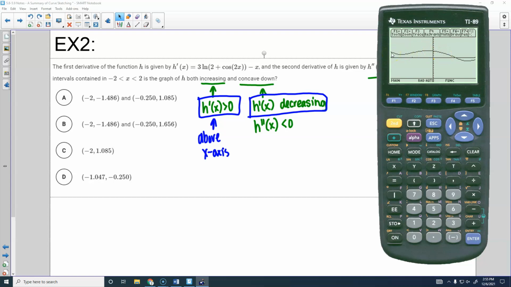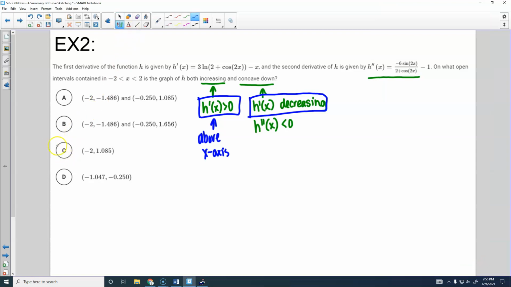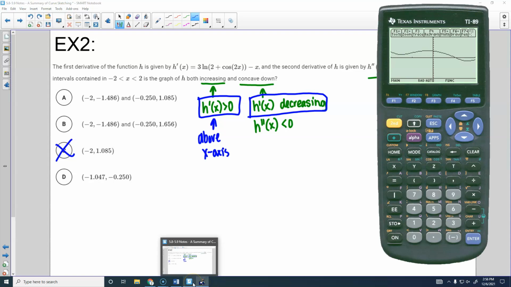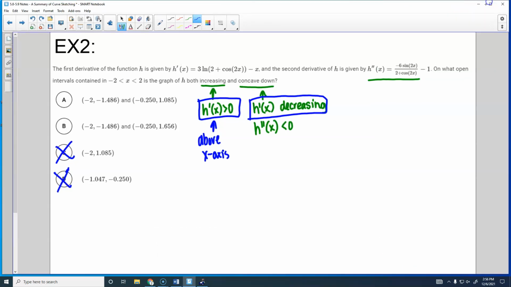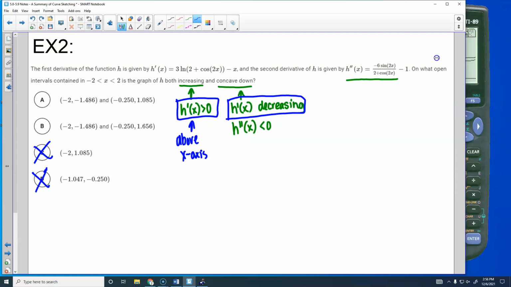So that happens right here from -2 down to this point right here. And then again, from whatever this is, down to this point right here. So we can eliminate C because it's only got one section, and D, because they only have one place where this happens.